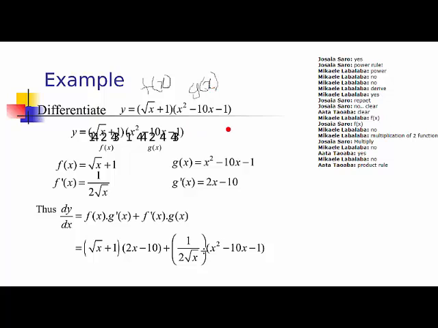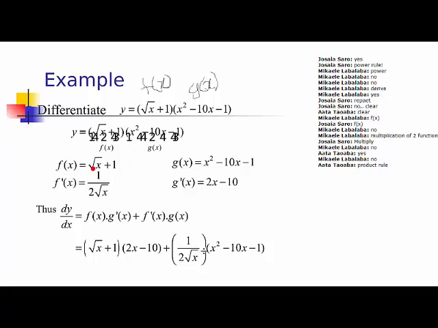So these are the two different functions. Now what are we going to do? I strongly recommend that you differentiate each function separately, like it has been written here, right?